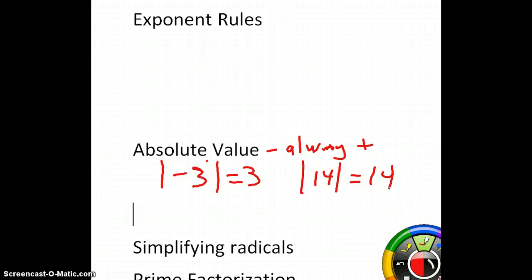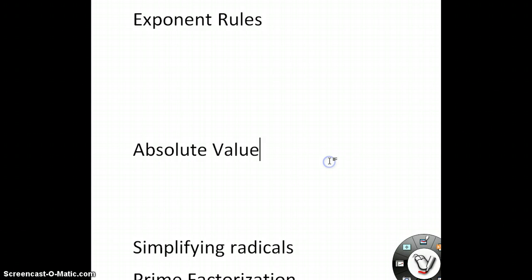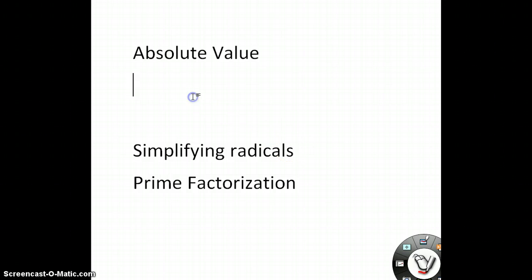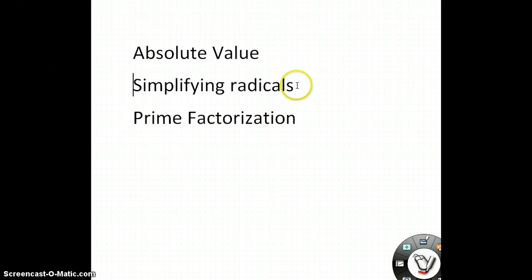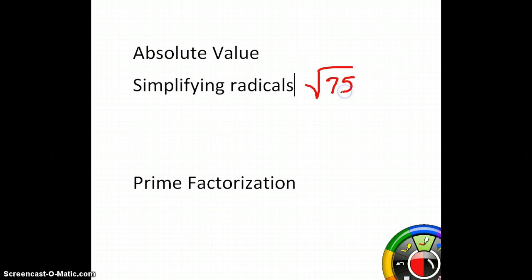The third thing that we're going to discuss today is simplifying radicals. Simplifying radicals means that if I give you a square root, you're going to be asked to simplify that square root. In other words, if I give you the square root of 75, you won't be asked for the decimal value, but you'll be asked to simplify this, and it will look something like, take perfect squares out of that.